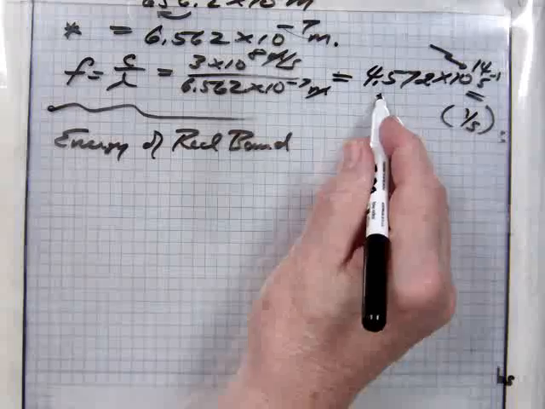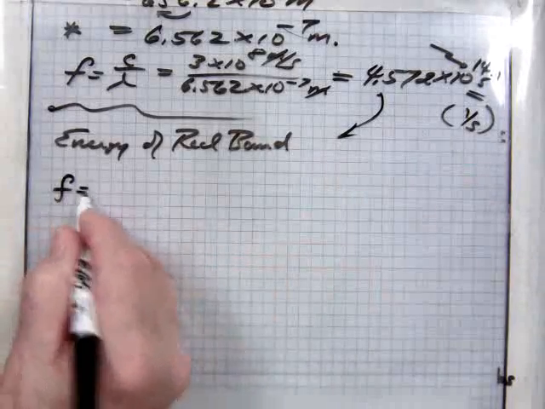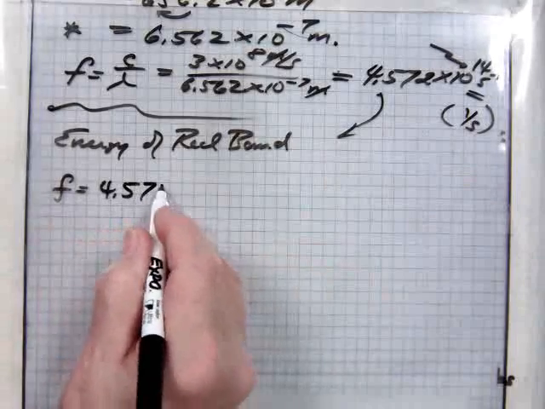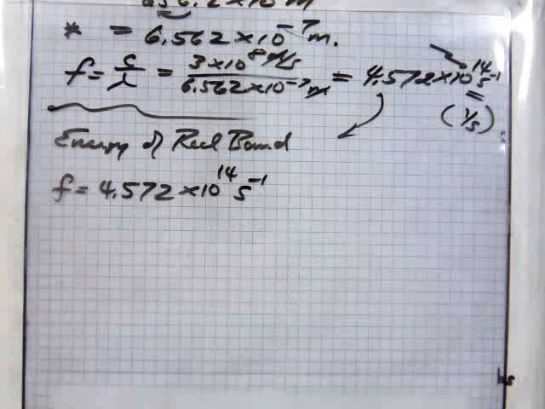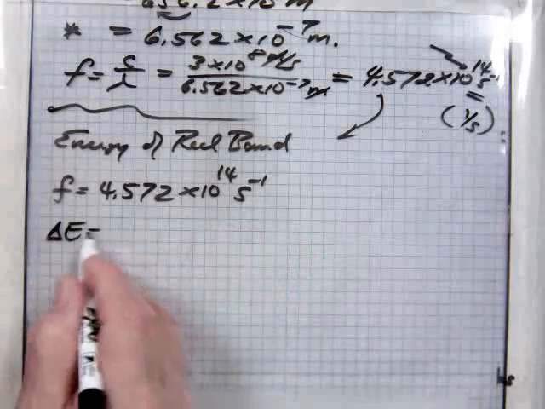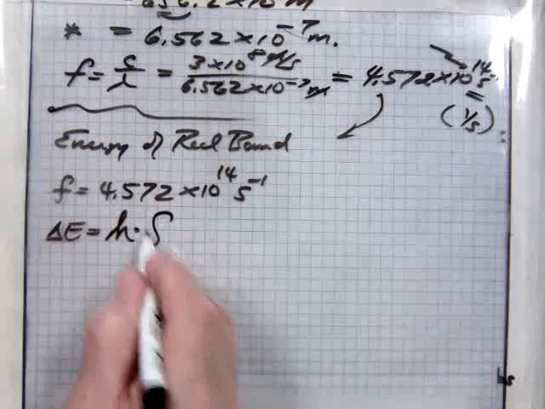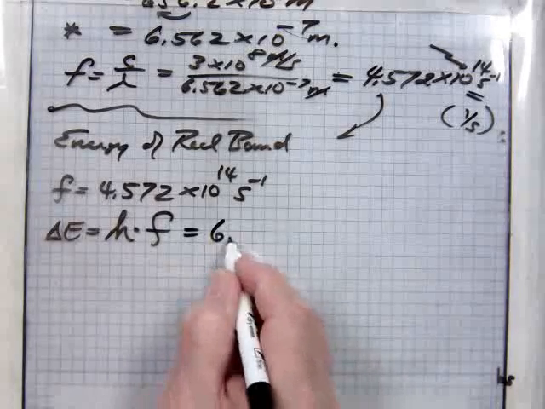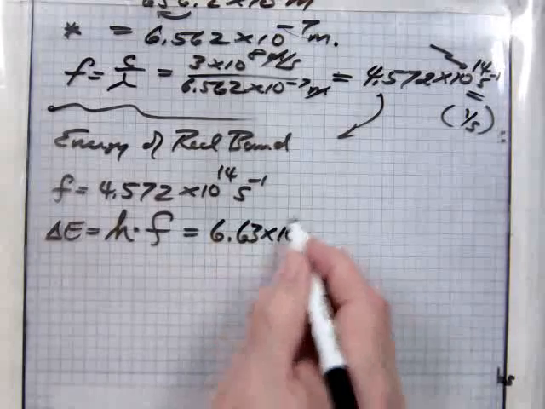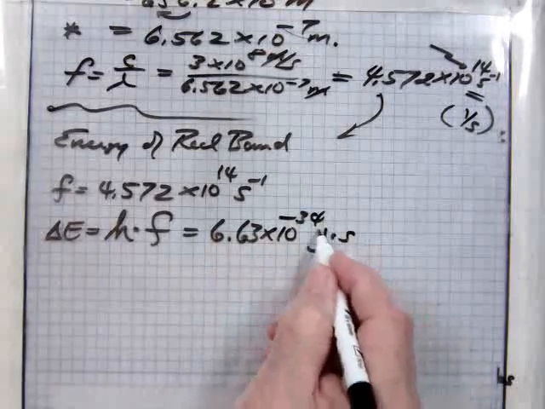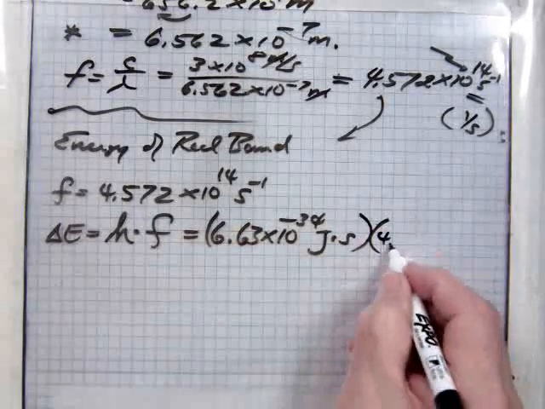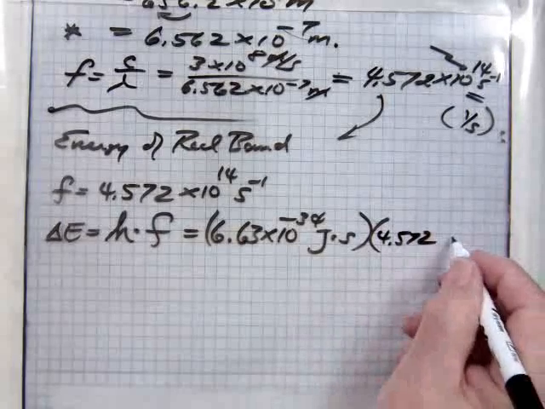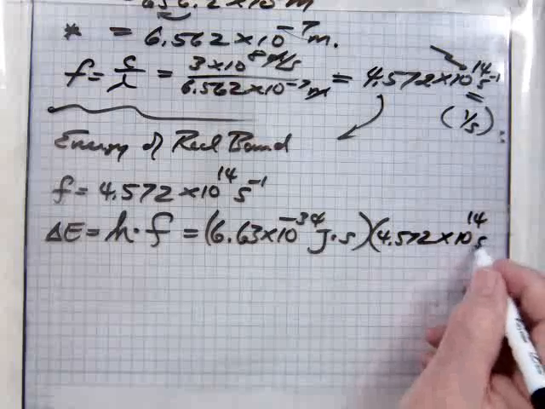So if frequency is 4.572 times 10 to the 14th seconds to the minus 1, we're going to use that to calculate the energy, and you recall energy is h times frequency, and h is 6.63 times 10 to the minus 34 joule seconds times the frequency of 4.572 times 10 to the 14th seconds to the minus 1.